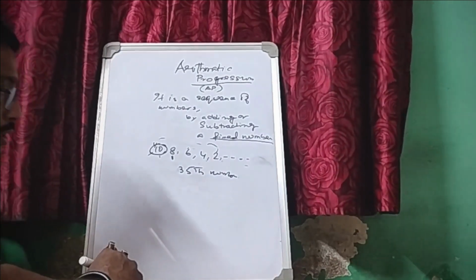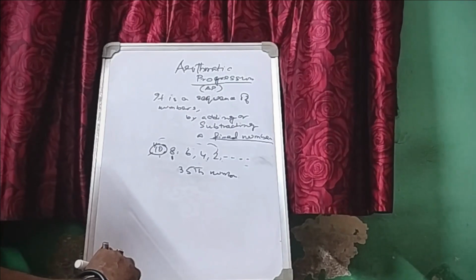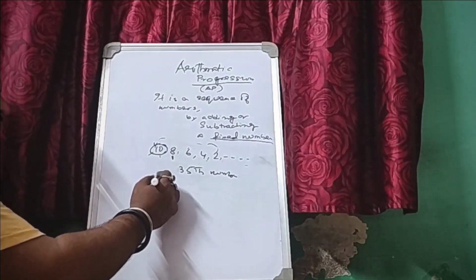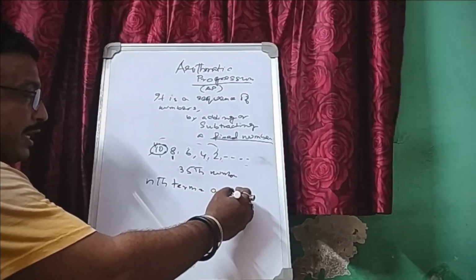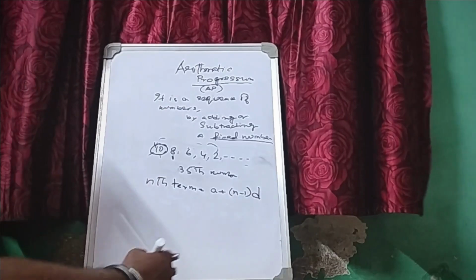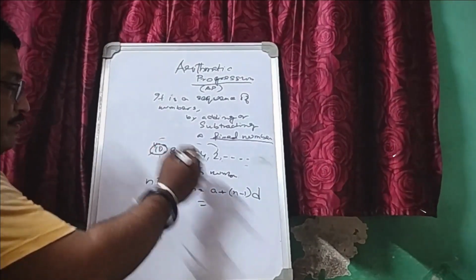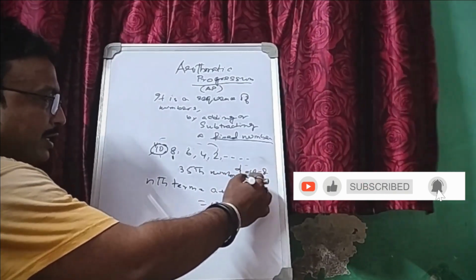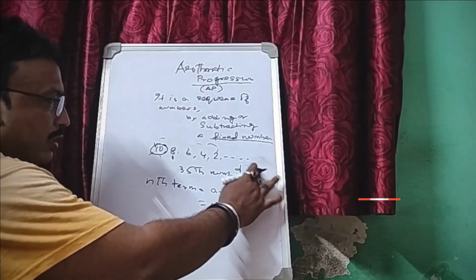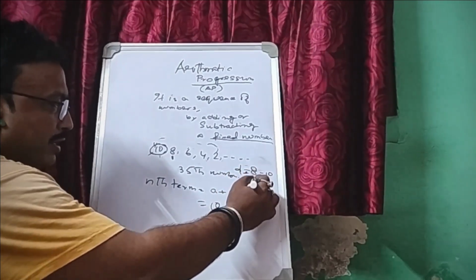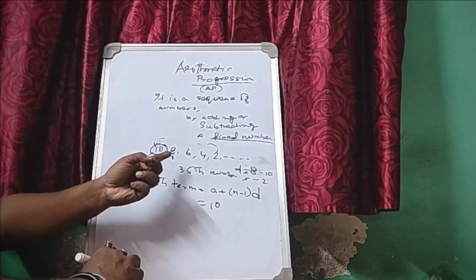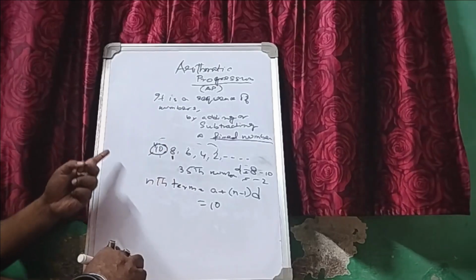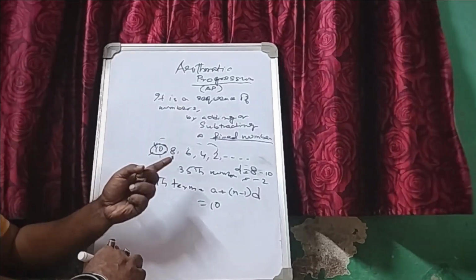So there is a formula for finding the nth term: a plus n minus 1 into d. A means first term, d means 8 minus 10, that is minus 2. I have already said the difference between two numbers means subtracting a number from its preceding number. You will get the common difference.